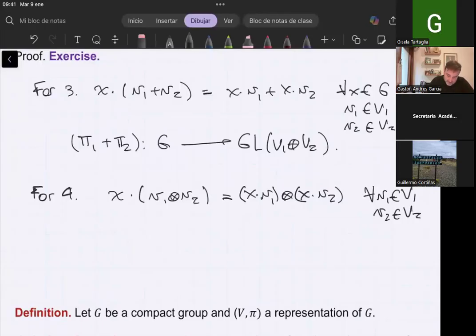Since we are putting X on the first leg of the tensor and on the second leg of the tensor, we call this the diagonal action. The idea is we divide the X in two legs and act on each leg by this one, and it's called diagonal, yeah?